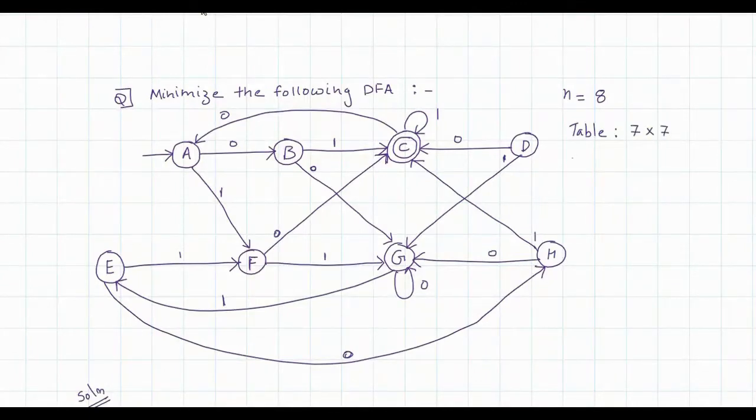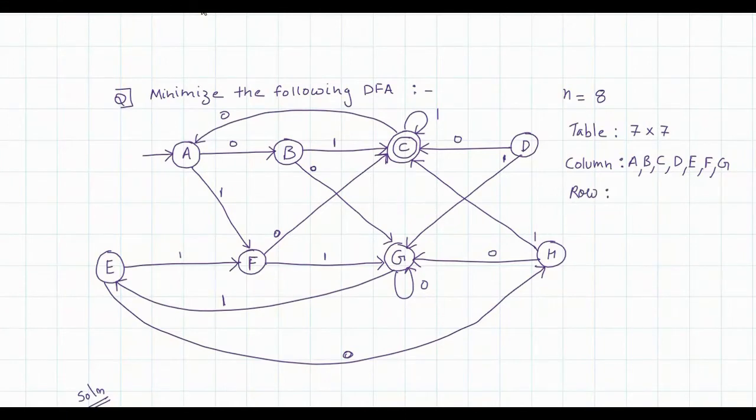Now, column numbering. As we have already seen in the procedure, column numbering will start with the first state, alphabetically or chronologically, and it will exclude the last state. So the column numbering will start with A, then B, C, D, E, F and G, and it will exclude H, which is the last state.